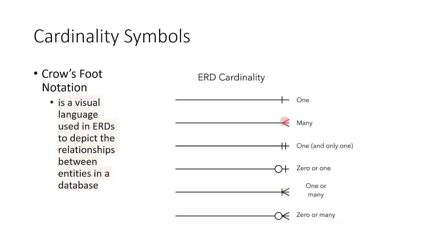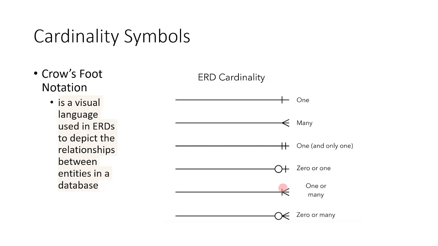This one here is strictly many, but it is possible that in a relationship the cardinality is one or many, or zero or many. For example, boyfriend or girlfriend, so it could be zero or many. Zero or one girlfriend seldom happens, but always we have this one or many.